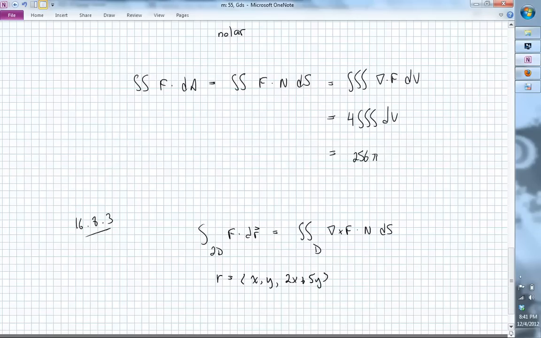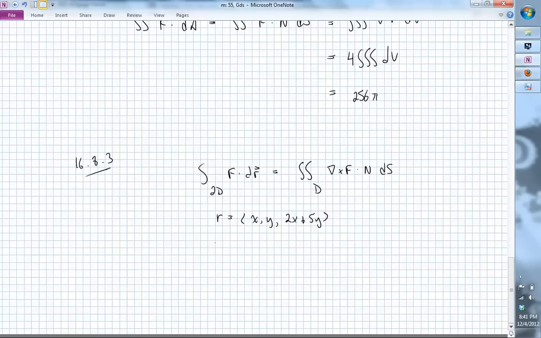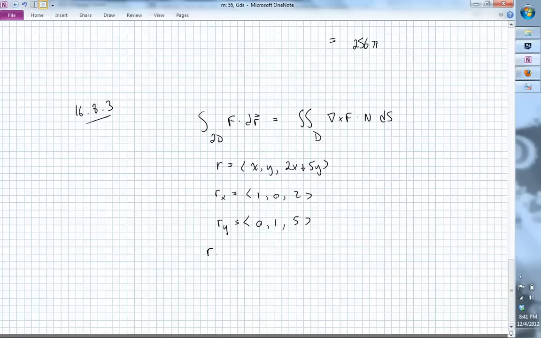Rx is 1, 0, 2, ry is 0, 1, 5, and then rx cross ry is going to be -2, -5, and 1. So that is up. It doesn't matter what the curl of that is. No, the curl is the curl. You don't get to play with that.